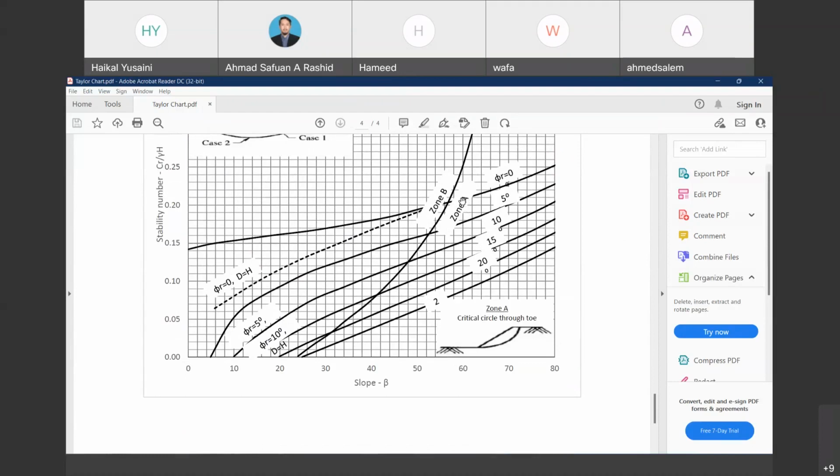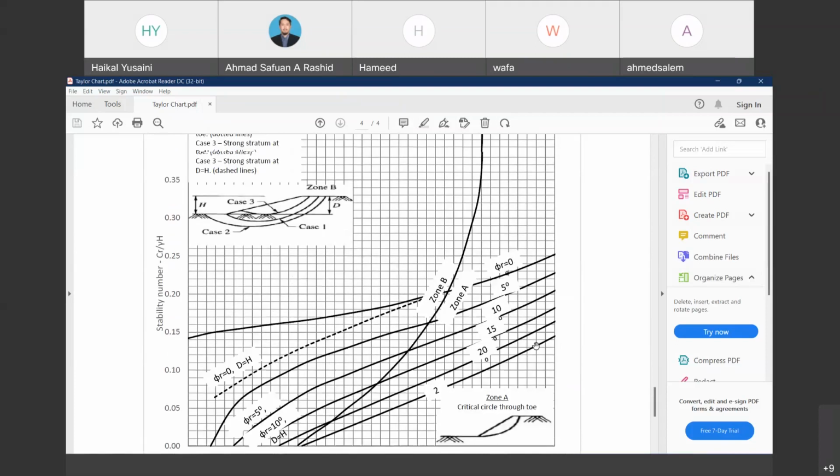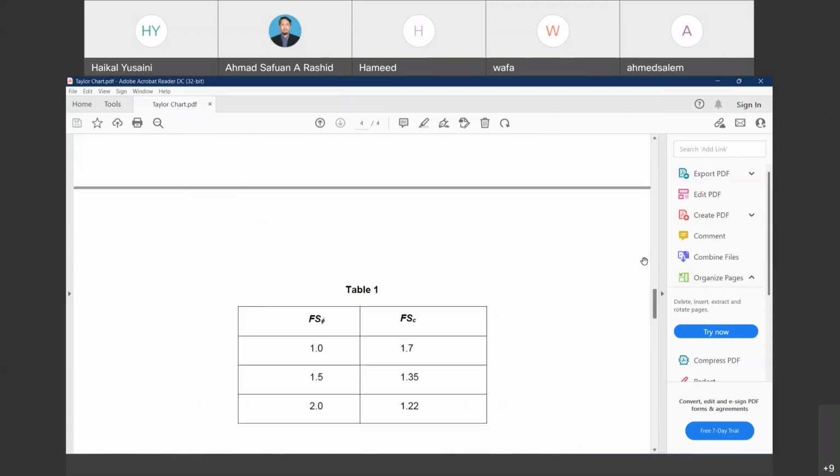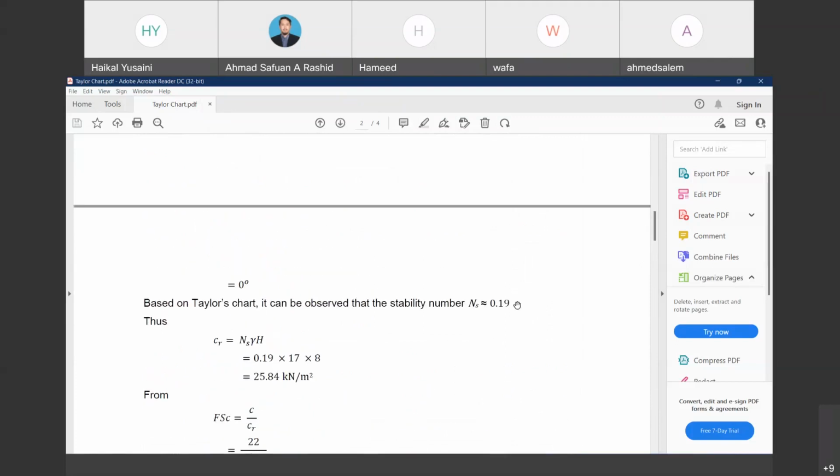Actually it is around 0.20, 0.202, or 0.205. So it can be 0.205, slightly above 0.19.